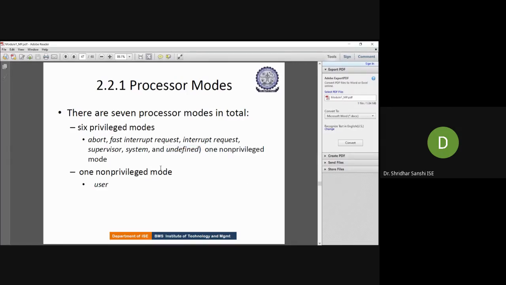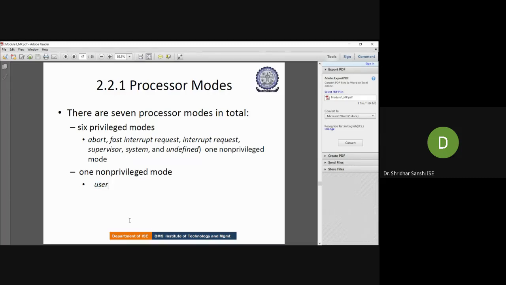All these six are privileged modes, and the one non-privileged mode is the user mode.